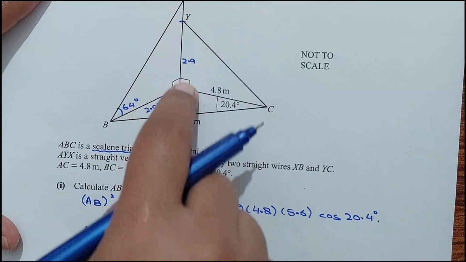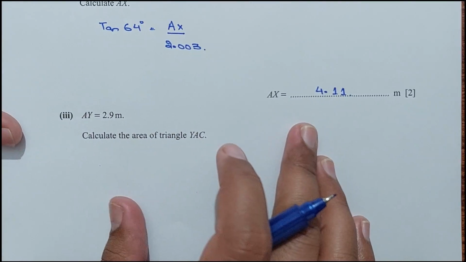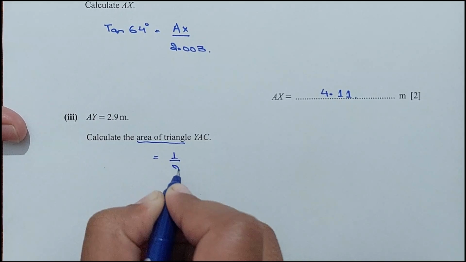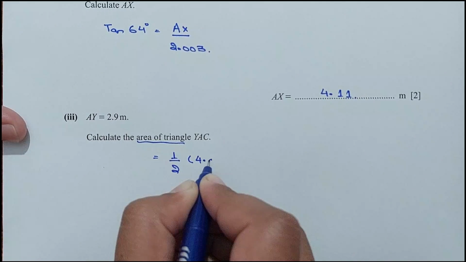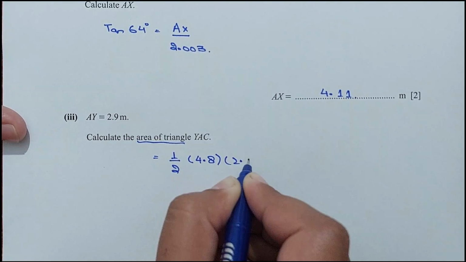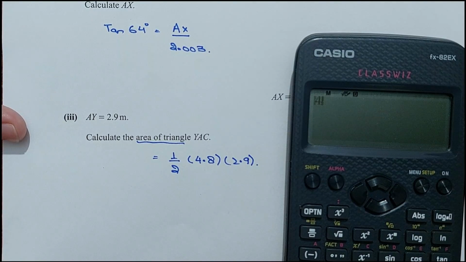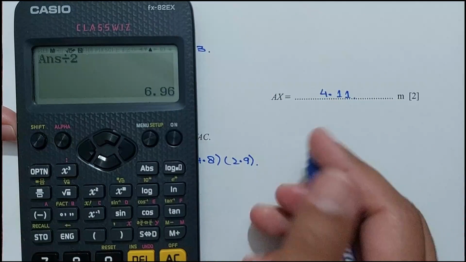The base is 4.8, height is 2.9. This is simple. So area should be equal to half, the base is 4.8 and the height is 2.9. Right. 4.8 times 2.9 divided by 2. This is 6.96.